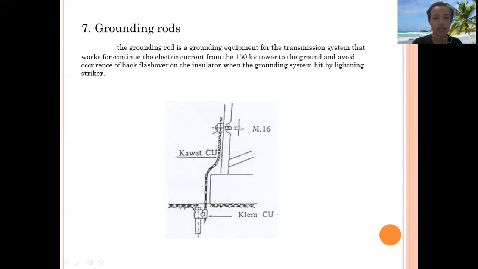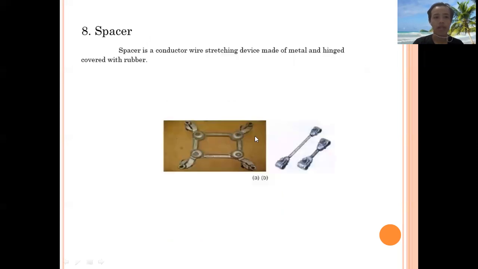This construction in the tower transmission, for example, in the picture, like this, conductor, and this clamp. This is a tower and the body of the tower.